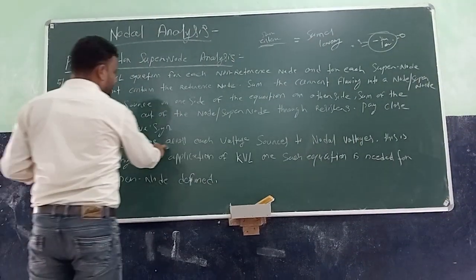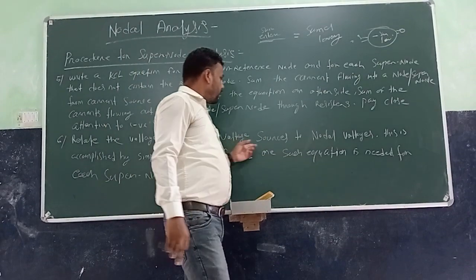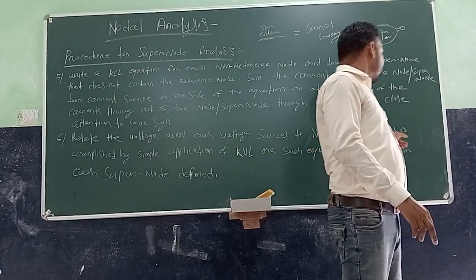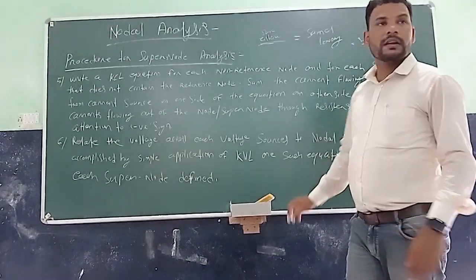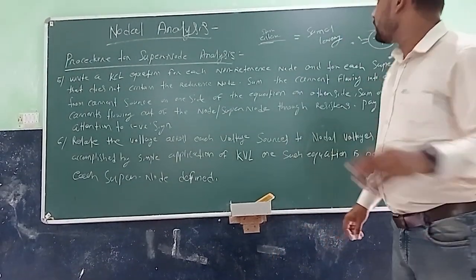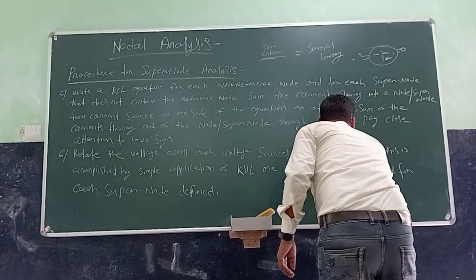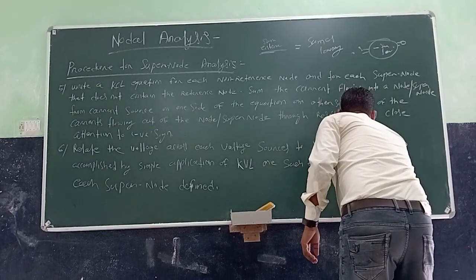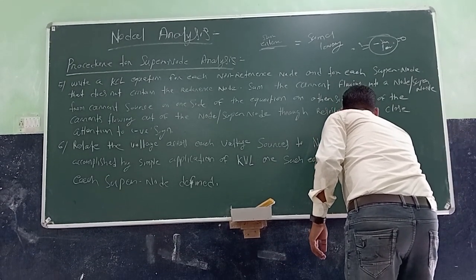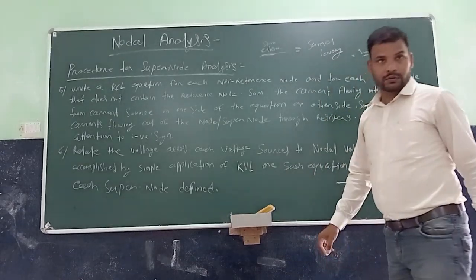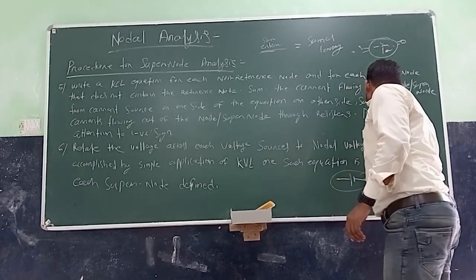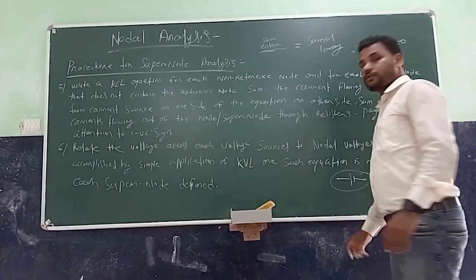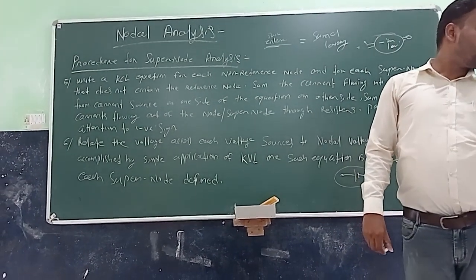Then procedure number 7: relate the voltage across each voltage source to the nodal voltages. This is accomplished by simple application of KVL. There is a voltage source between the two nodes, so these two nodes are treated as a supernode.